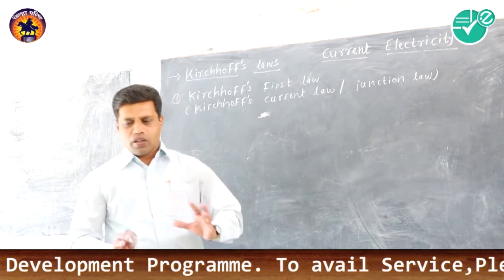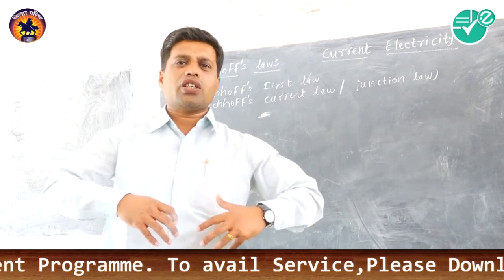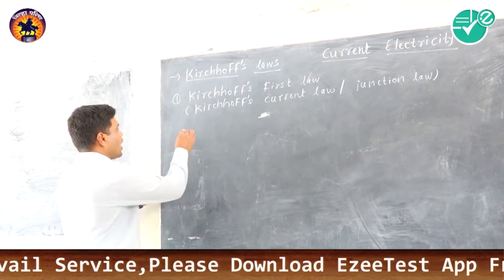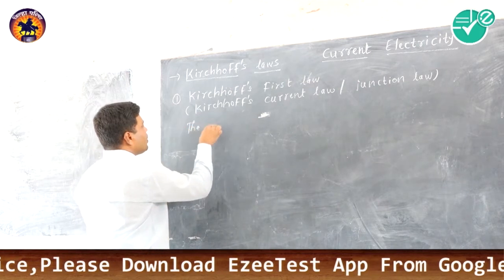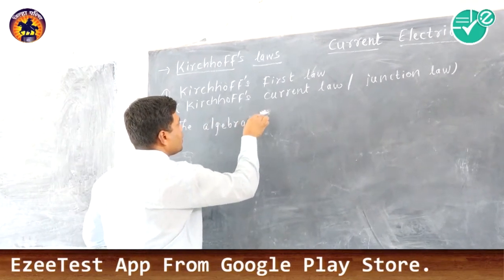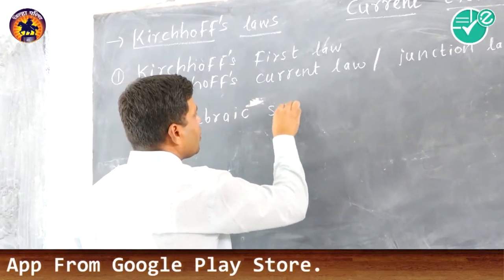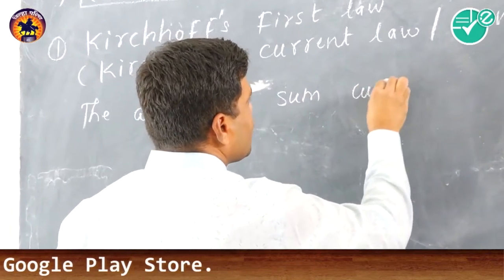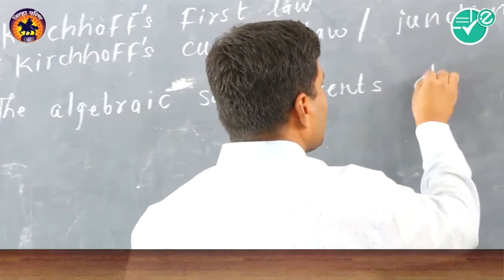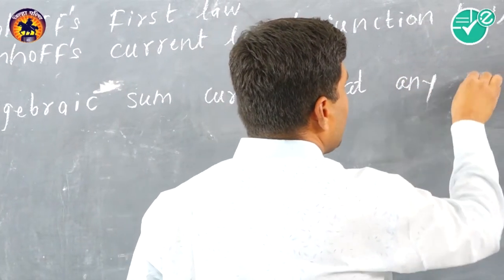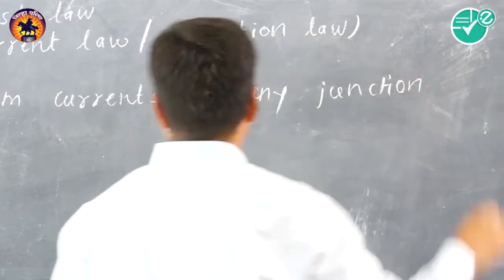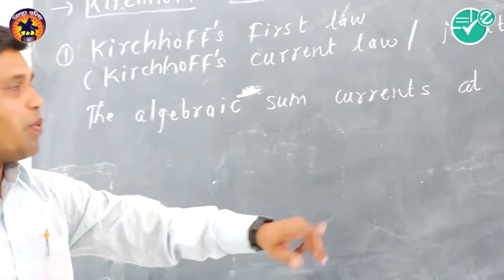I know that from the statement you didn't get a better idea about this law. What I have told you is that the algebraic sum of currents at any junction, but where?